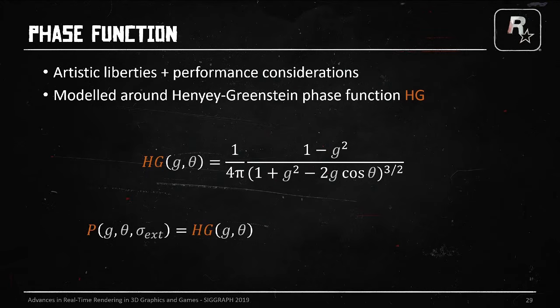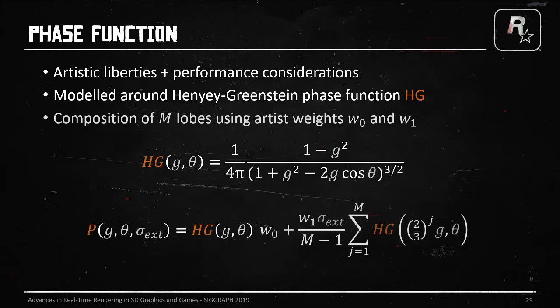So we started with that and modulated it slightly by adding several more octaves of it, controlled by the artist weights W0 and W1, as well as the extinction of the material. And each octave basically has a lower anisotropy than the previous one. And this allows the construction of more complex scattering lobes. But in the end, we settled with 2 octaves in total for diminishing returns as well as performance considerations.